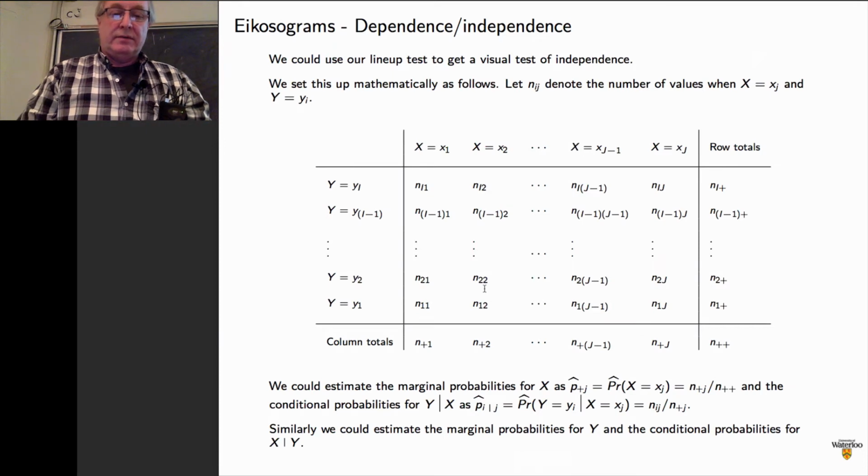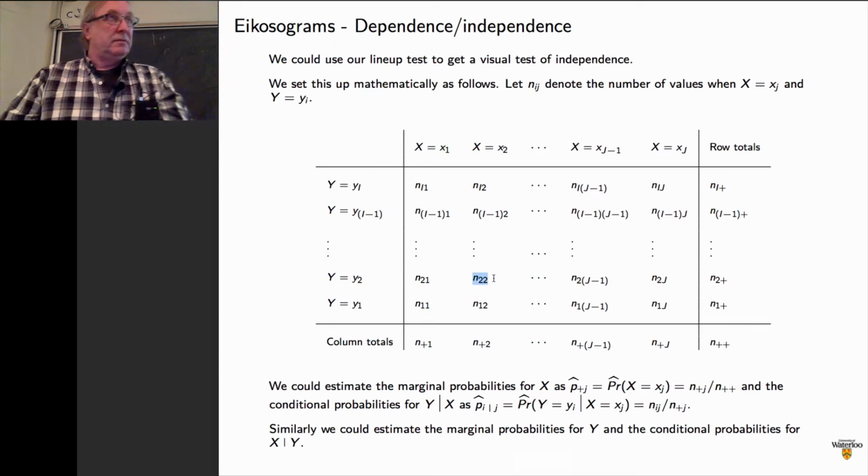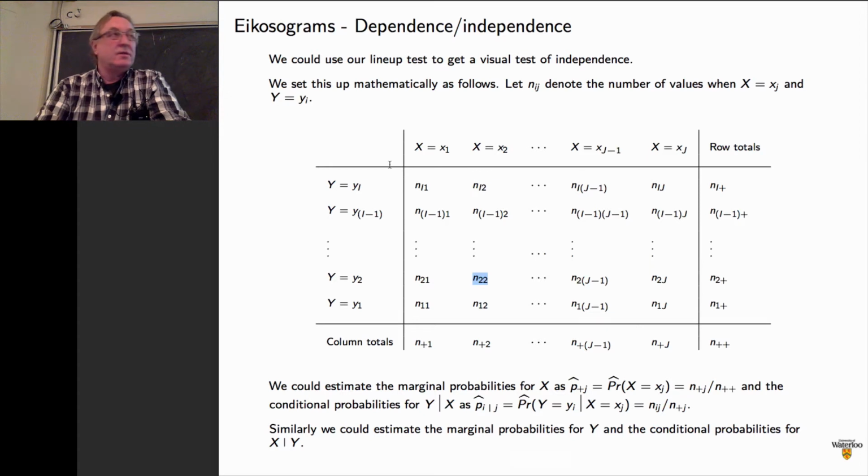If I took this n22 case again, and if I assume x and y are independent, then my best guess of the probability that y takes y2 is n plus 2 over n plus plus, and the probability that x takes value x2 is n plus 2 over n plus plus. I'm just going to use these marginals and multiply them together to get my estimate of what that probability should be, assuming independence. Okay?